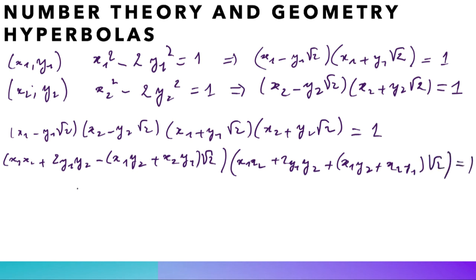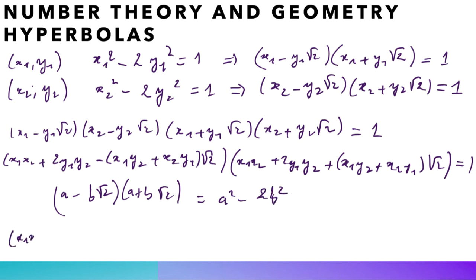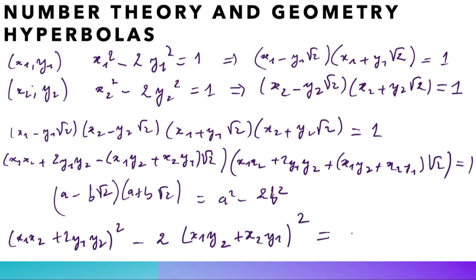I know that you're probably lost here, but notice that we got something of the form a minus b square root of 2 times a plus b square root of 2, and this is actually equal to a squared minus 2b squared. So we get here (x1 x2 plus 2 y1 y2) all squared minus 2 (x1 y2 plus x2 y1) all squared equals 1.